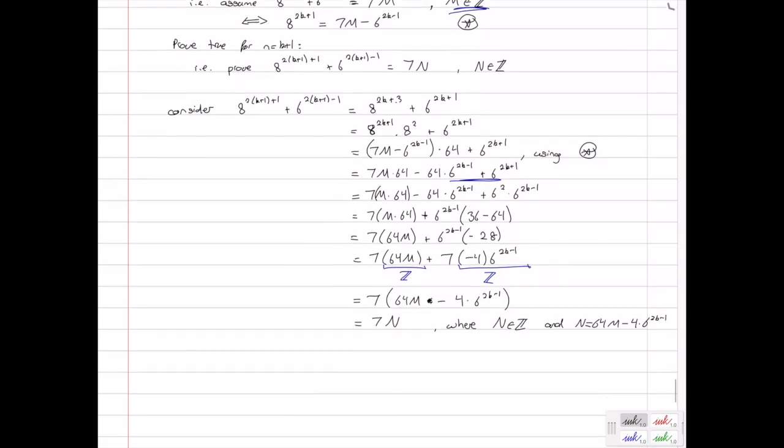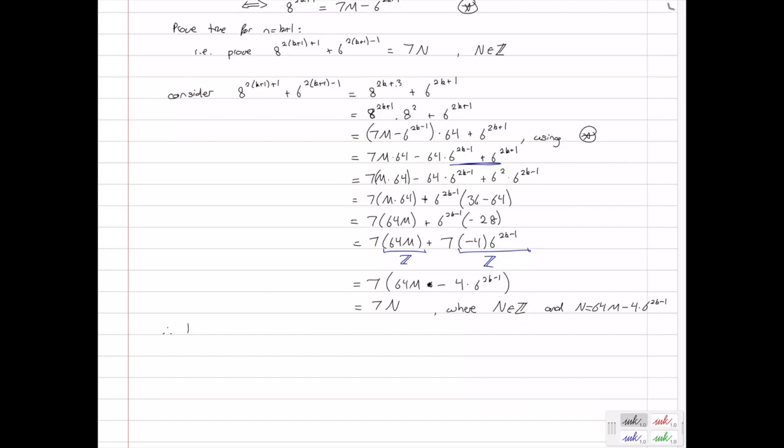Okay, and so therefore it's true for n equals k plus 1, but only if n equals k is true. Okay, and so then you can write the statement that you need to write saying, therefore the whole thing is true by math induction. And that's the end of the question.